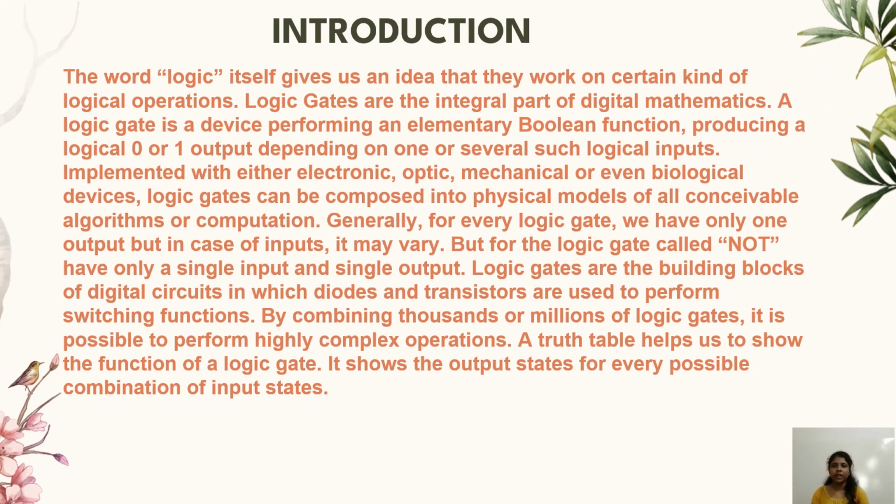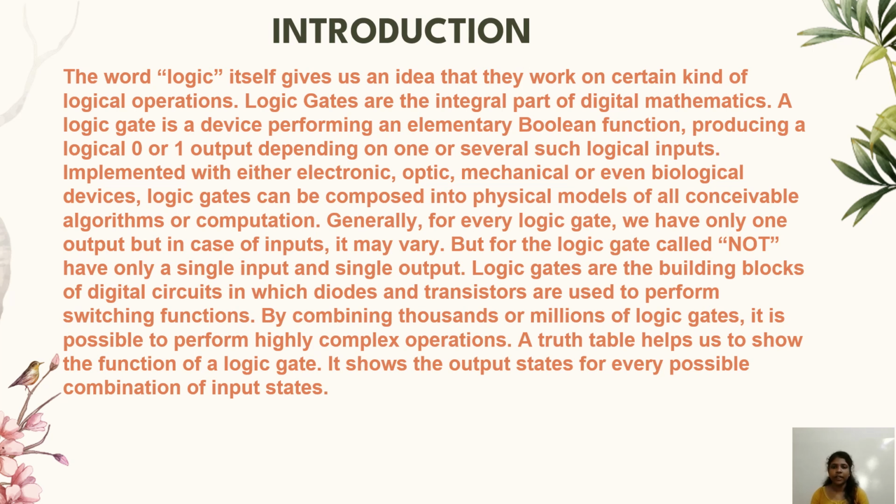Introduction. The word logic itself gives us an idea that they work on a certain kind of logical operations. Logic gates are an integral part of digital mathematics. A logic gate is a device performing an elementary Boolean function, producing a logical 0 or 1 output depending on one or several such logical inputs.